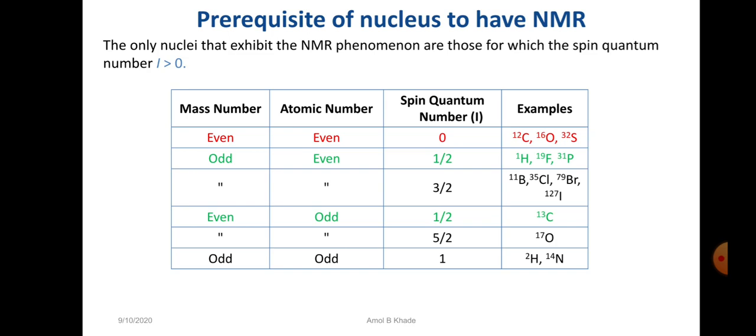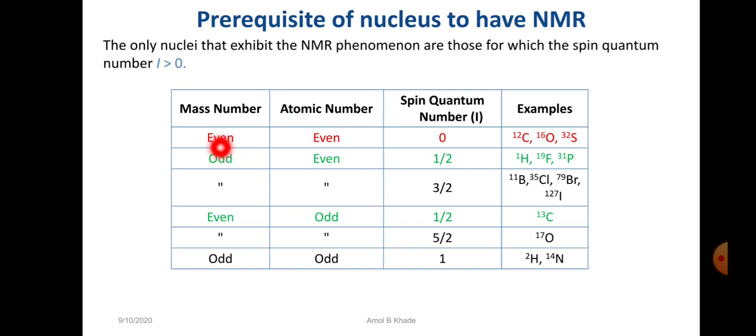Now, this spin quantum number is abbreviated as capital I. It depends on the mass number and atomic number. The mass number is the total number of protons and neutrons in a particular atom, and the atomic number is the total number of protons in a particular atom.